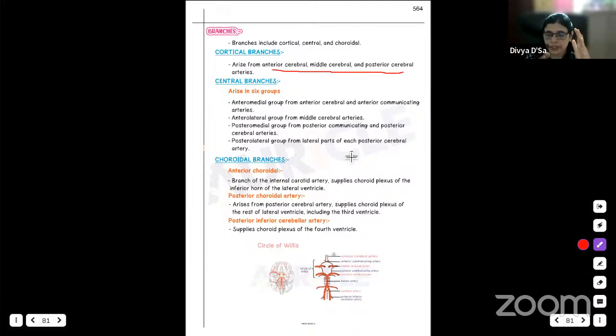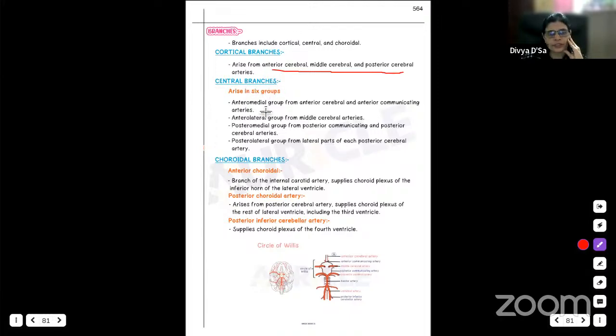They are coming from the internal carotid artery, whereas posterior cerebral artery is coming from the basilar. Okay, so they are the cortical branches. Then central branches. Okay, the cortical branches supply the cortex, meaning the gray matter part. So they supply that part.